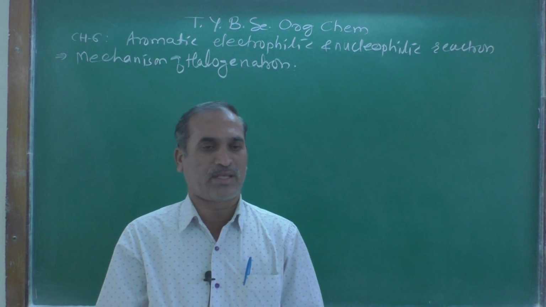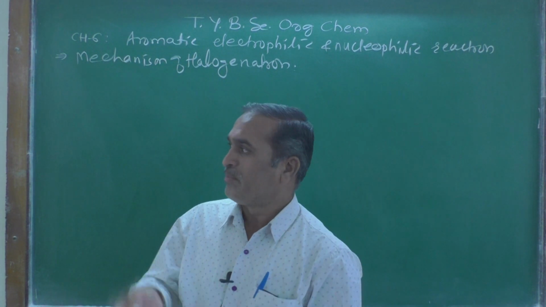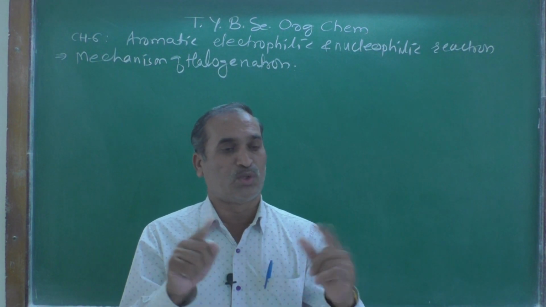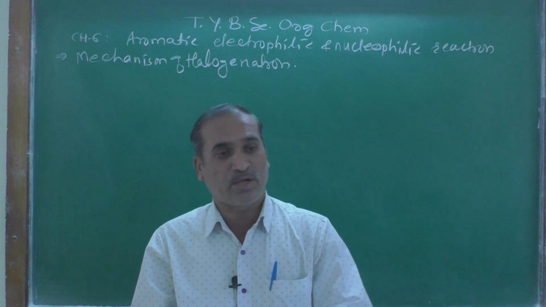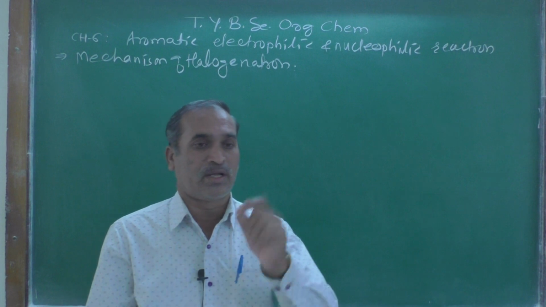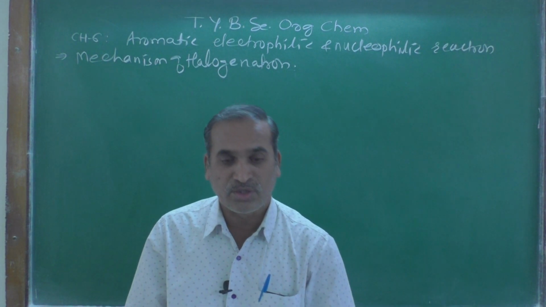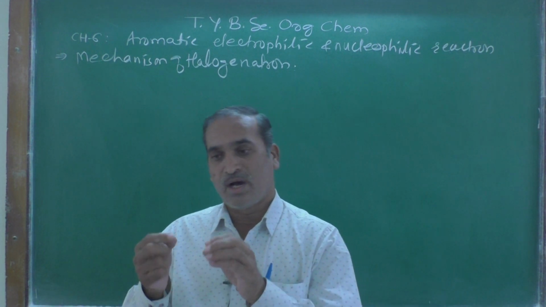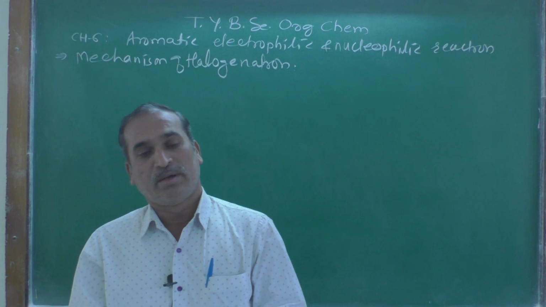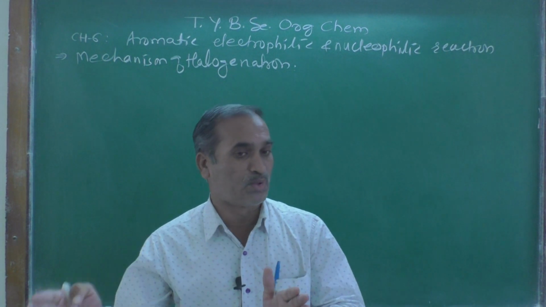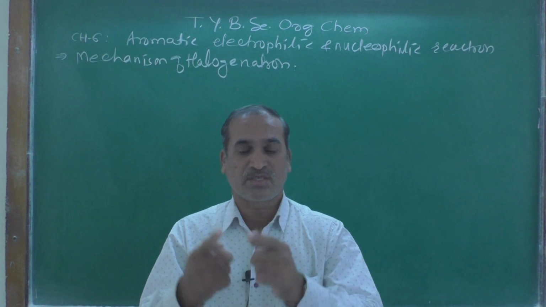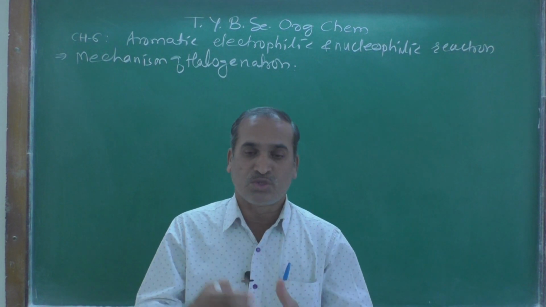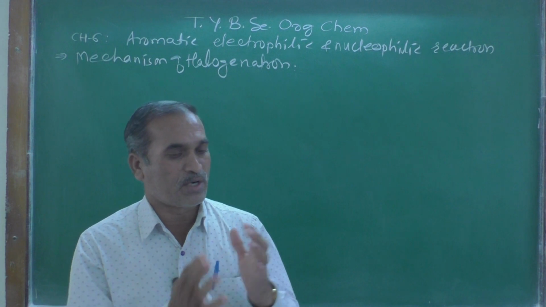While studying the mechanism, if halogen is treated with benzene without a catalyst, no reaction occurs. For the reaction to occur, it requires a Lewis acid. From halogenation onward, in whatever reactions we are going to learn, the function of the Lewis acid used is to generate the electrophile. That is the main function.